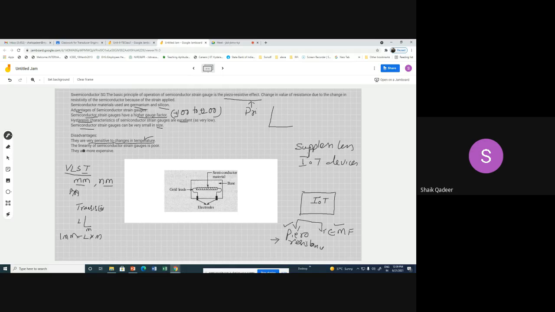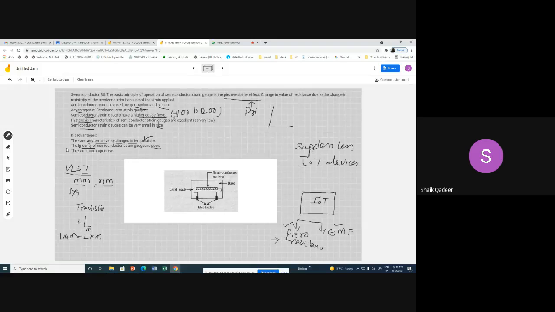The second thing is that we all know semiconductors are non-linear. Agree or not? Do you agree with this statement? Yes, sir. That's why the linearity of semiconducting implementation is poor.